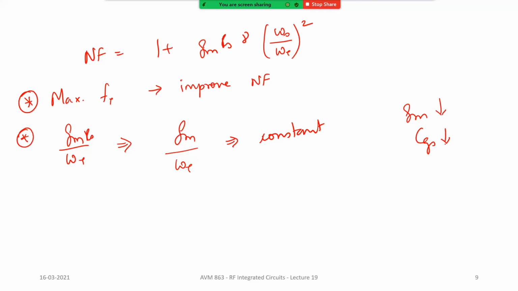So if you do that, this is GM by CGS. So if this is constant, right? If you want to do that, then what happens is you will have to increase your LG correspondingly.